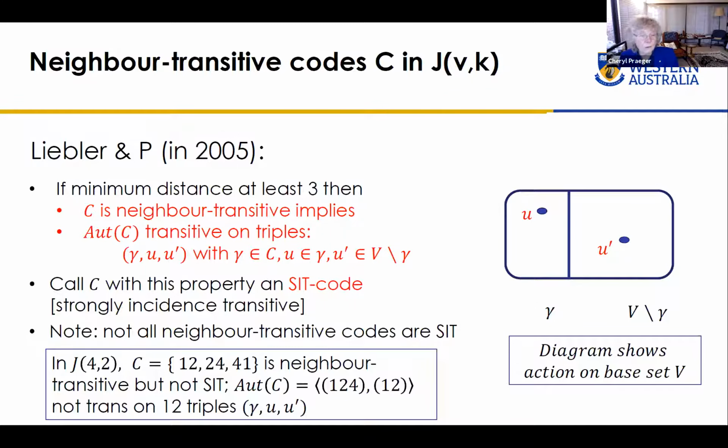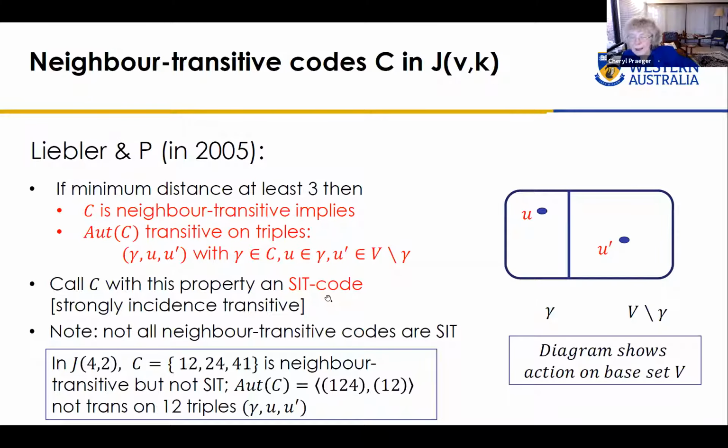And so in particular, this means that it's transitive on code word, code neighbor adjacent pairs. And so they were sort of incidence transitive, but a bit stronger. So this property got called strongly incidence transitive, but let's just call it SIT. So we'll call a code with this SIT property an SIT code.